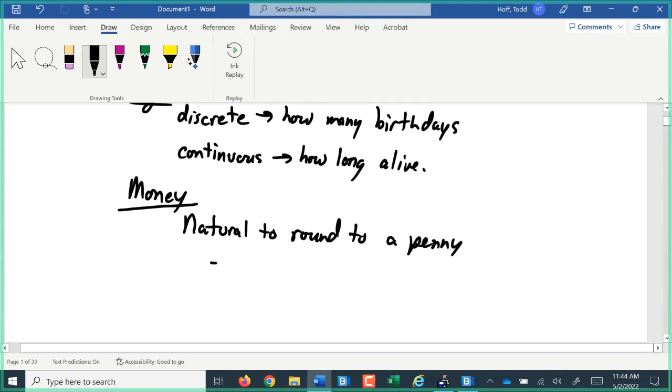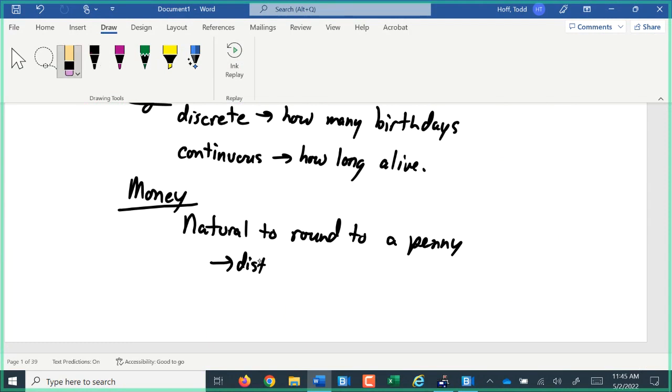Because of that, then, money is often thought of as being discrete, because you can count pennies. Now, if you get into like precise, continuously compounded interest and stuff like that, where you are going into a fraction of a penny, well, then we are determining artificially where we're rounding, and that might be considered continuous.